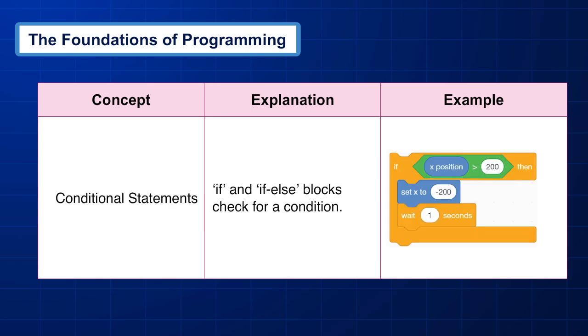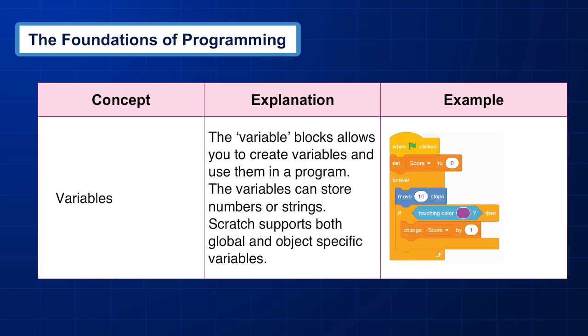Conditional statements. If and if-else blocks check for a condition. Position 200. Variables. The variable blocks allow you to create variables and use them in a program. The variables can store numbers or strings.